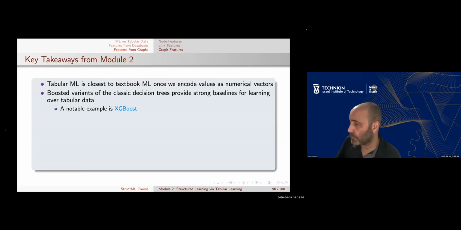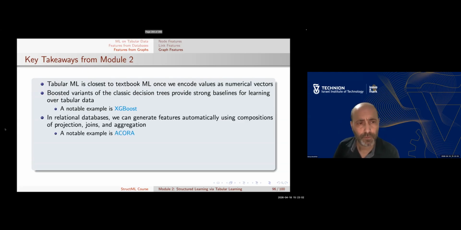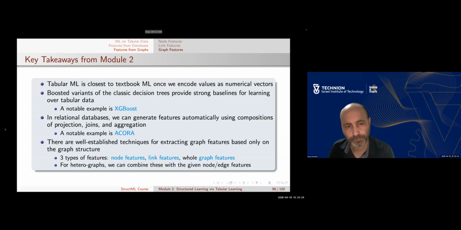Boosted variants of tree ensembles are strong baselines for learning over tabular data, and we talked about this important example of XGBoost. When we talk about relational databases, we can generate features automatically by composing projections, joins, aggregation, and we saw these examples in SQL, and we also talked about this system that implements that.